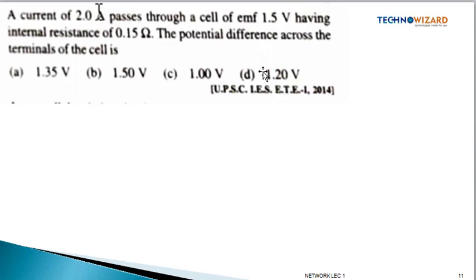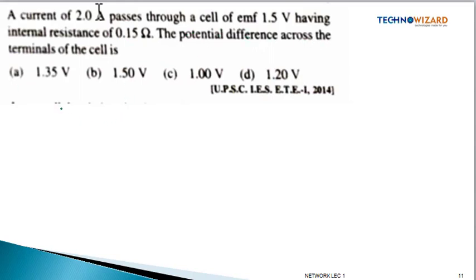A current of 2 ampere passes through a cell of EMF 1.5 volt having internal resistance of 0.15 ohm. The question asks for the potential difference across the terminals of the cell.